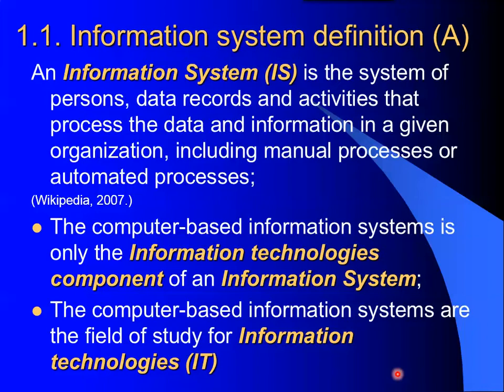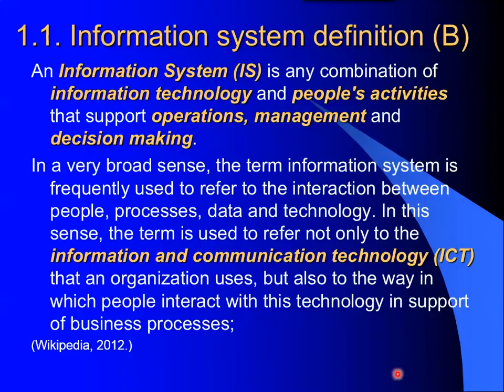Information technology has dual meaning: an academic field, a scientific area, or the sum of technologies and their particular implementation. So we can define an information system as a combination of information technologies and people's activities that support organization management and decision making.